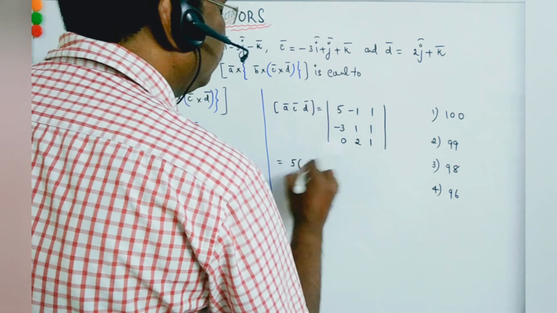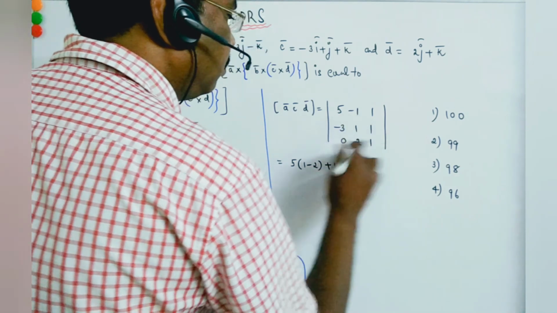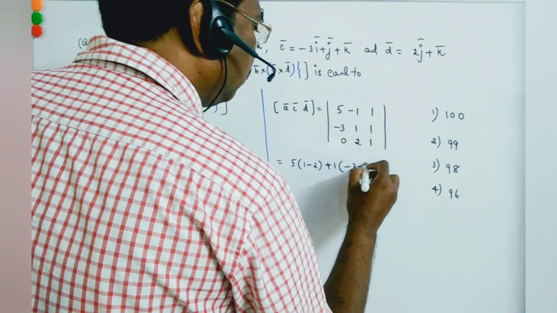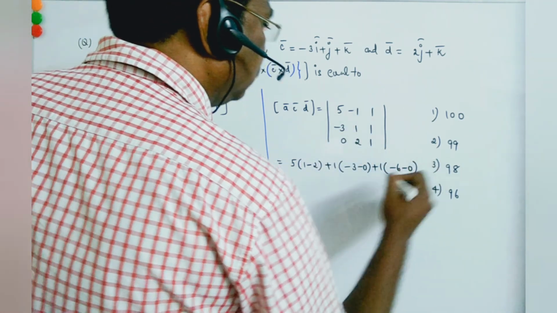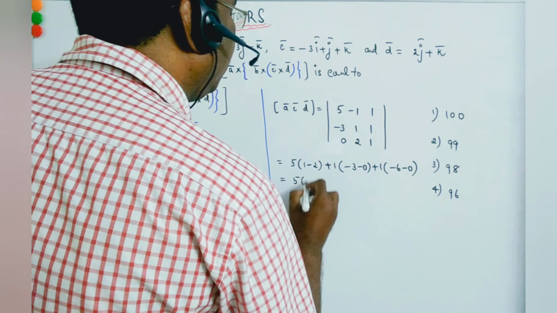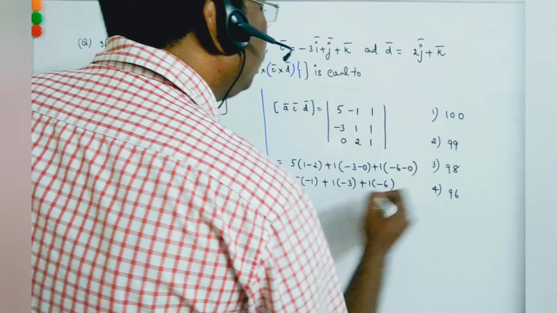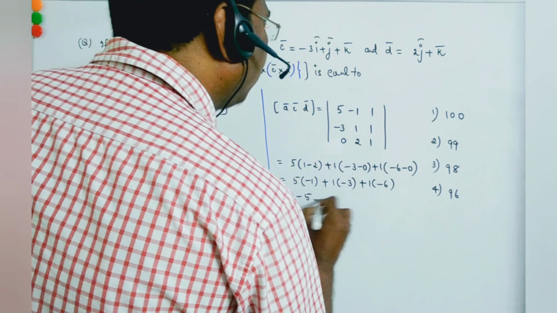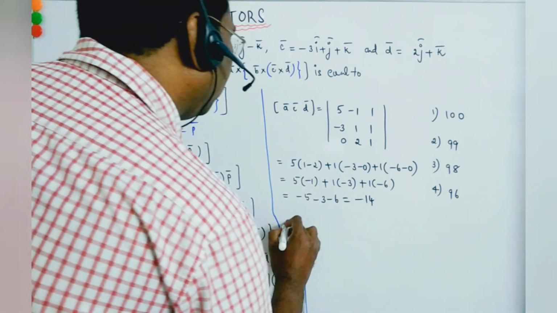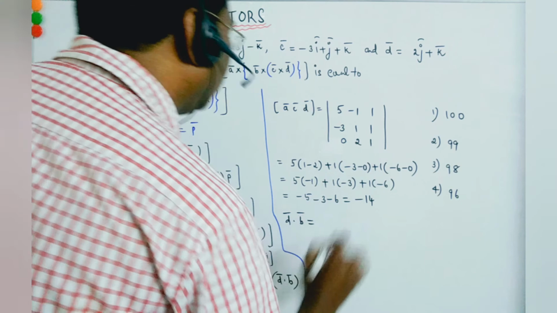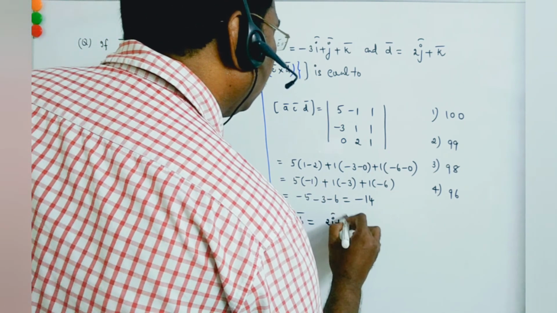Now 5 into (1 minus 2) plus 1 into (minus 3 minus 0) plus 1 into (minus 6 minus 0). So 5 into minus 1, 1 into minus 3, 1 into minus 6: minus 5 minus 3 minus 6, equal to minus 14.